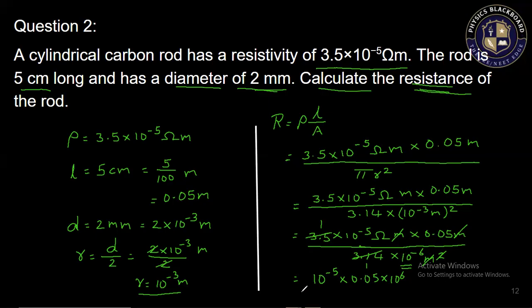Now, if you calculate it, you will get 0.5 ohms. This is the resistance of the rod, which is approximately equal to 0.5 ohms. Done.